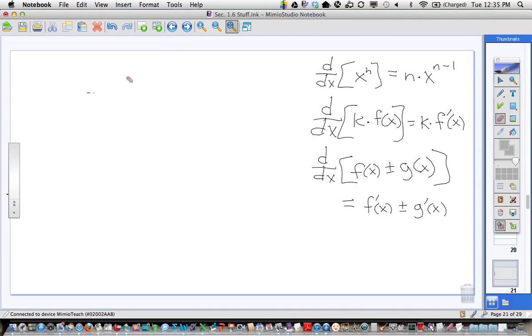Okay, for example, let's do multiplication. If you had to guess, or if you had your way, what would be this derivative? Wouldn't that be nice if that was the derivative, right?